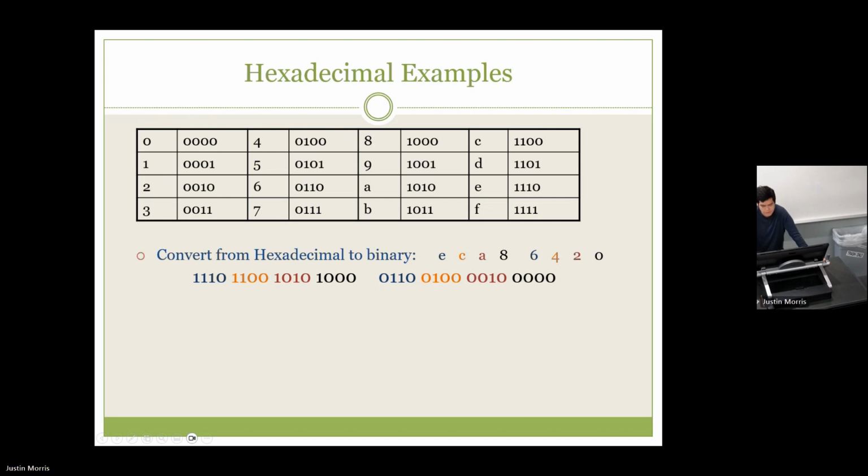Very simple. 1, 1, 0. This is 4, this is 2, we make 6. And then 4, just put a 4, 2, put a 2, and then 0 is up there. Okay. So I've gone from my 8-digit hex to the 32-bit representation.